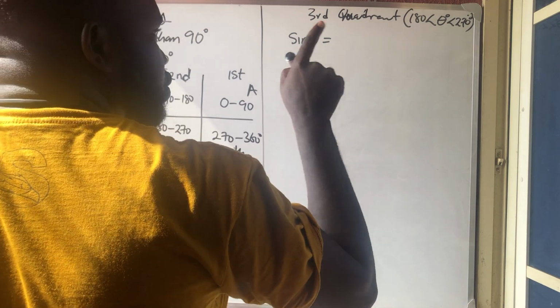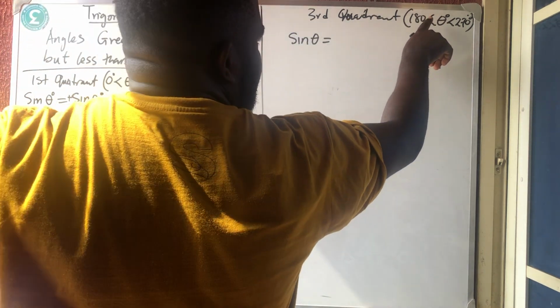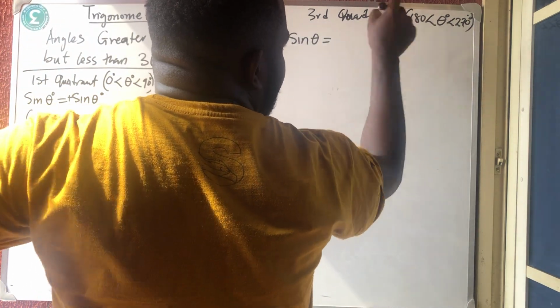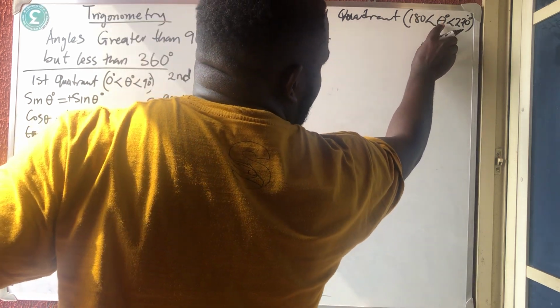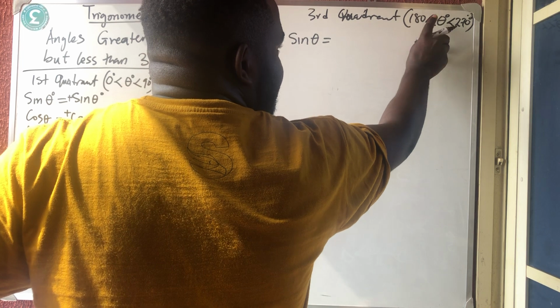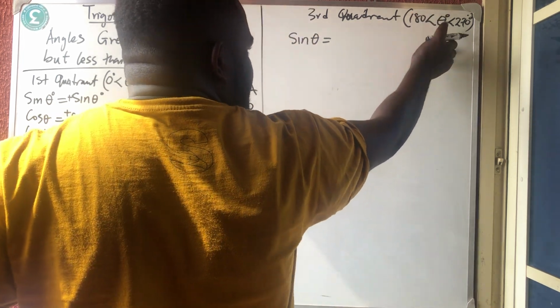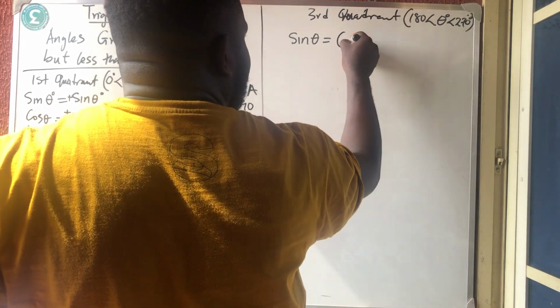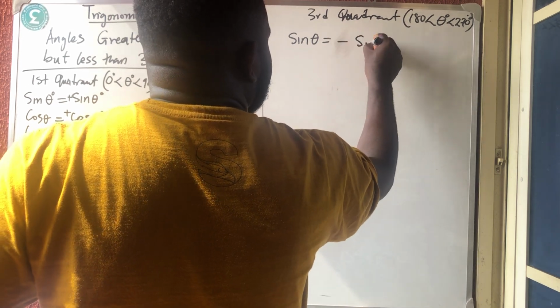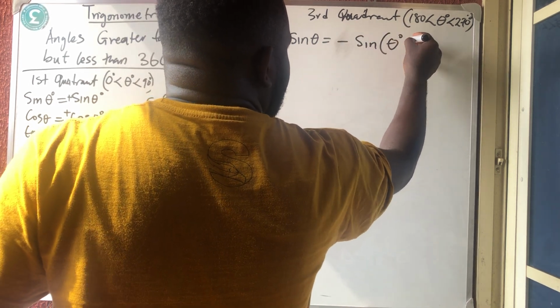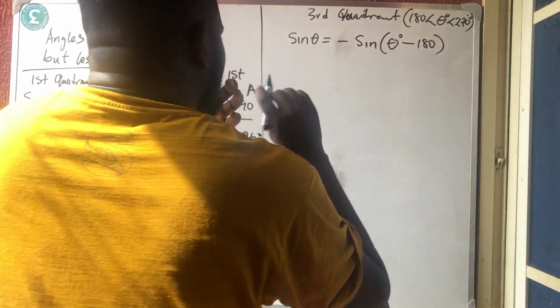I told you that we don't use 270. Since 180 is less than theta, theta is greater than 180. So sine theta becomes minus sine of theta minus 180, because we don't use 270 at all.